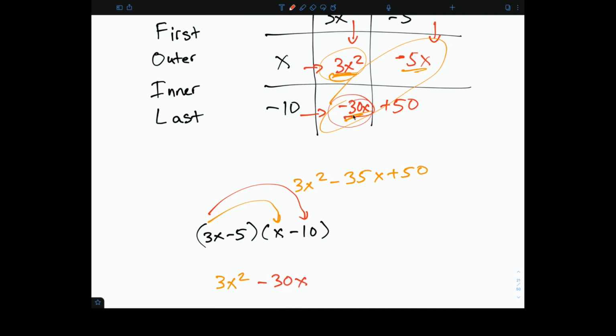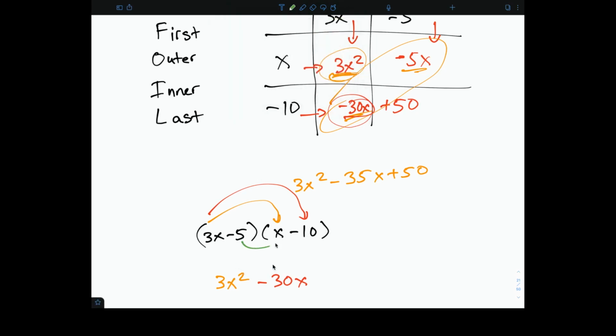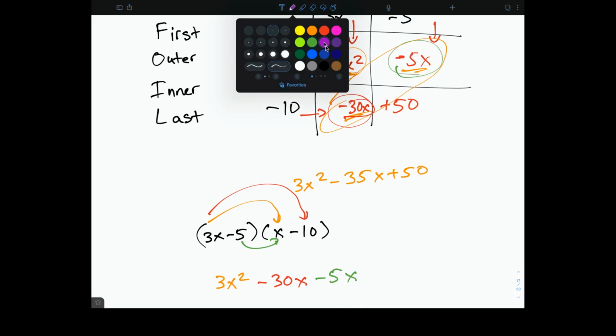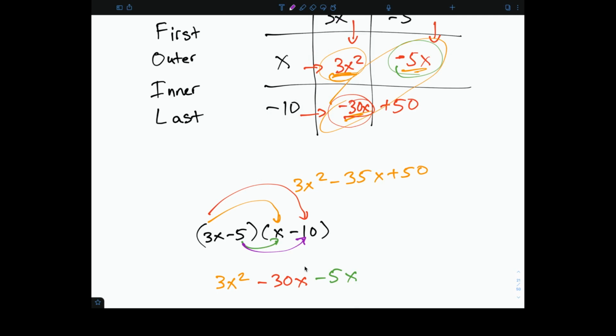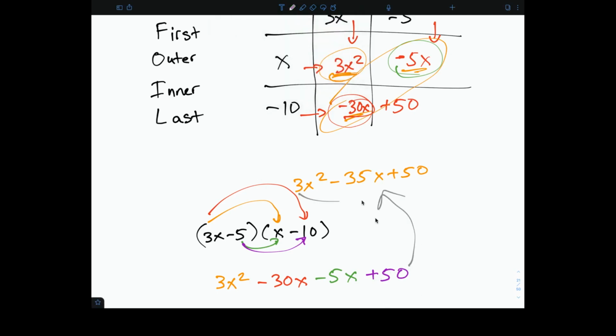Notice the similarity right there. And then you do inner, so you multiply these two, so that's going to be negative 5x, which is this term. And then you do the last, which is negative 5 times negative 10, which is positive 50. Okay, which we just did, and we see that it is the same thing as what I wrote here.